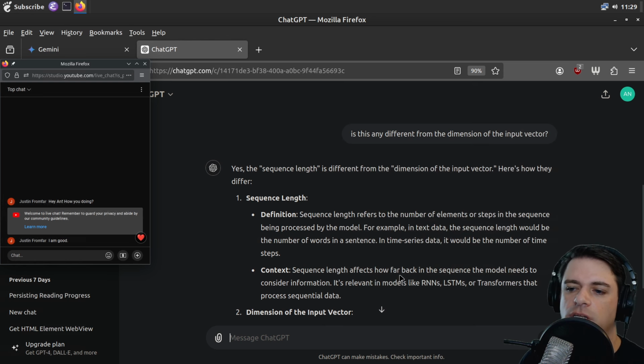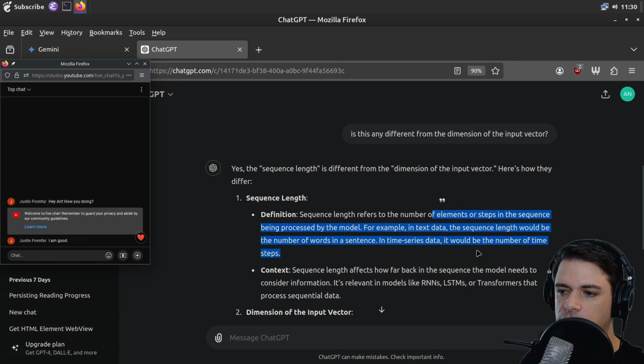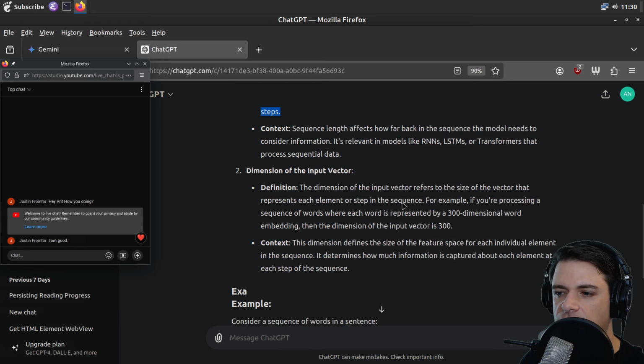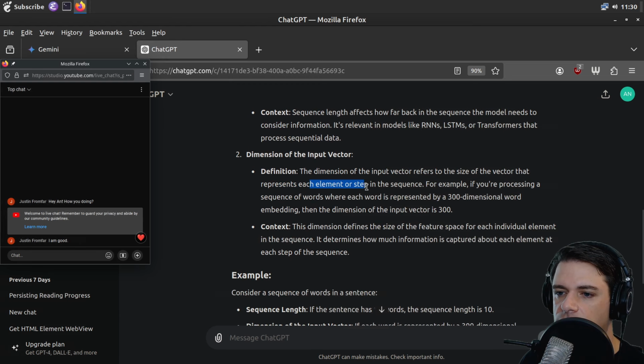So ChatGPT is saying it is different. The sequence length would be the number of words in a sentence, etc. The dimension of the input vector refers to the size of the vector that represents each element or step in the sequence. For example, if you're processing a sequence of words where each word is represented by a 300-dimensional word embedding, then the dimension of the input vector is 300.